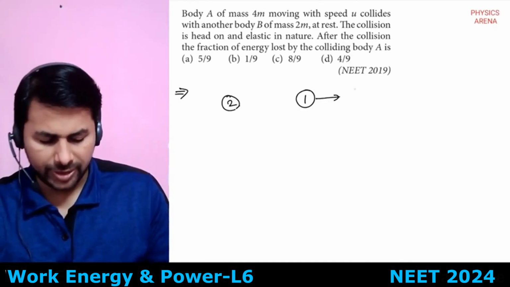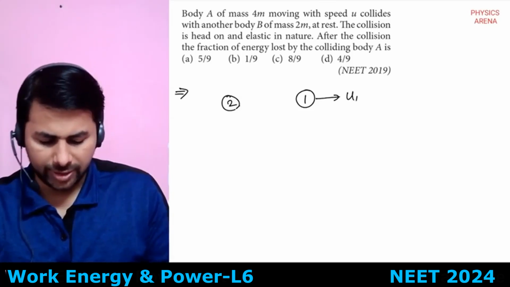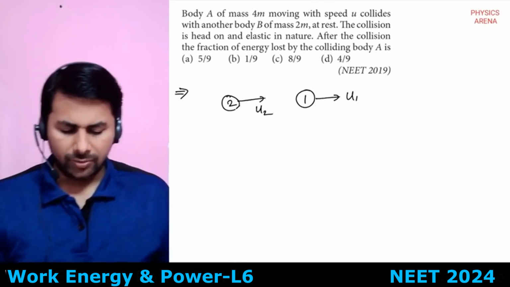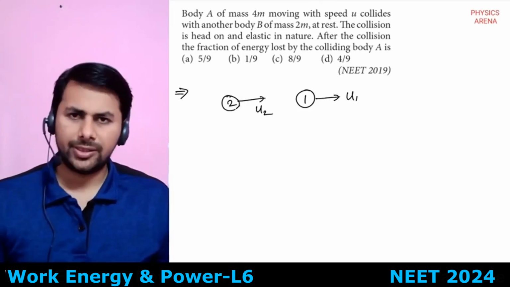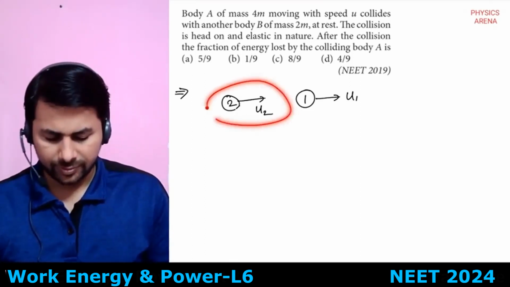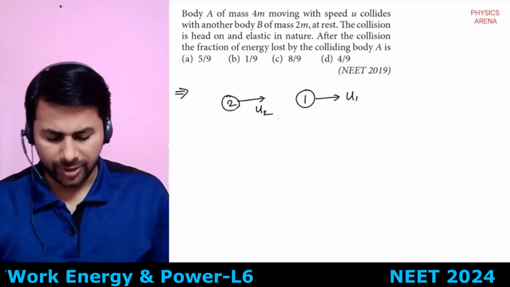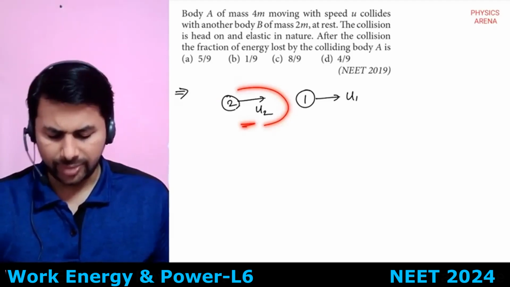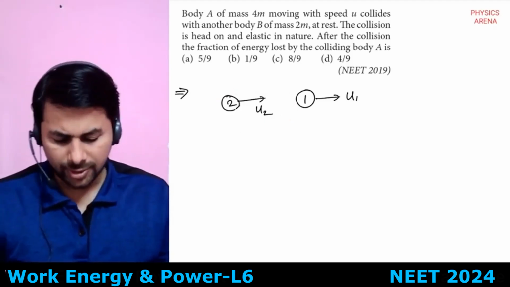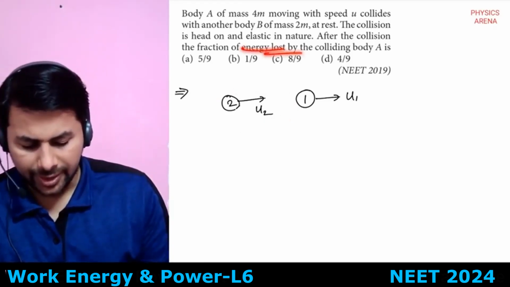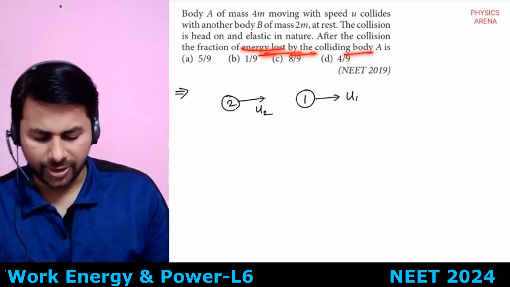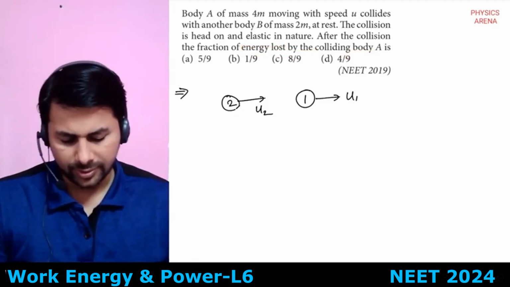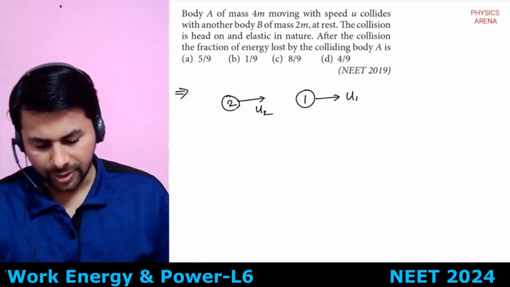It's moving with speed u1. This one is moving with speed u2. What is our question? What is the energy lost by this first body? Right. This is the question.